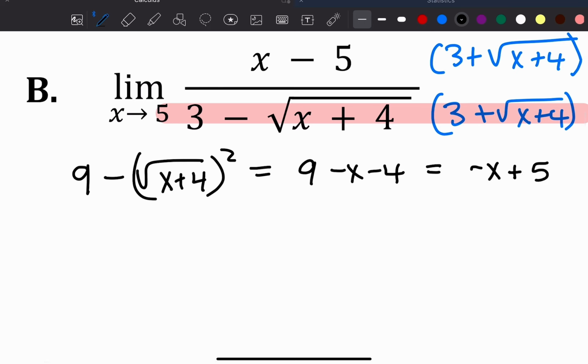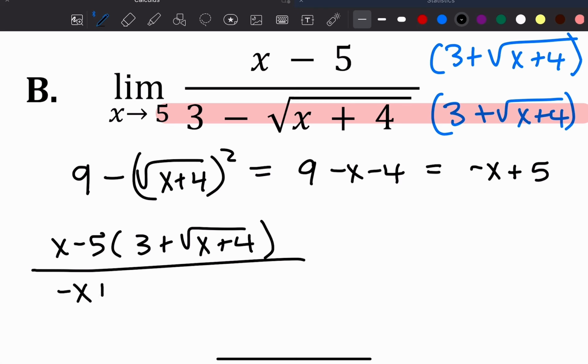Okay, so that means I have x minus 5 times 3 plus the square root of x plus 4 on my numerator over negative x plus 5. Well, I want to end up canceling out the x minus 5. So instead of writing negative x plus 5, I'm going to write it as negative 1 times x minus 5.